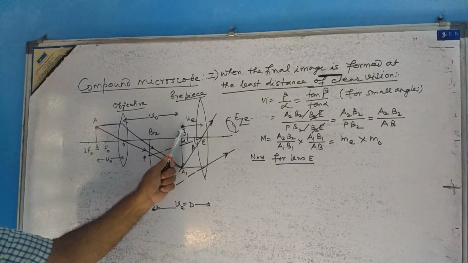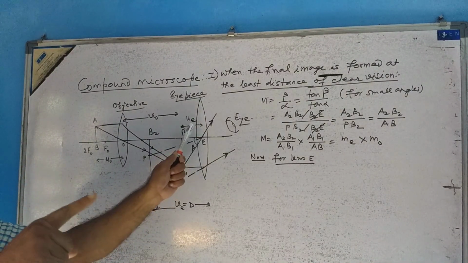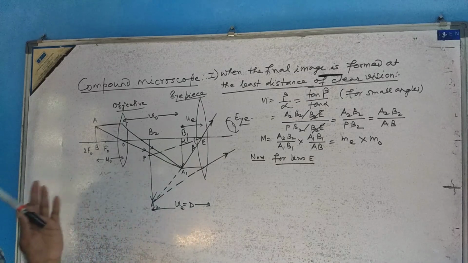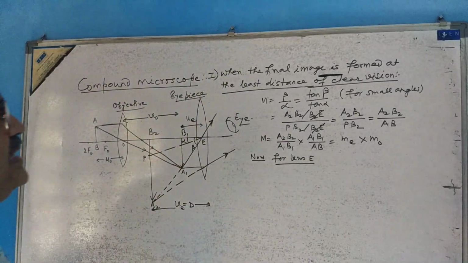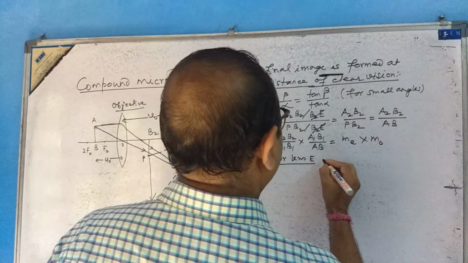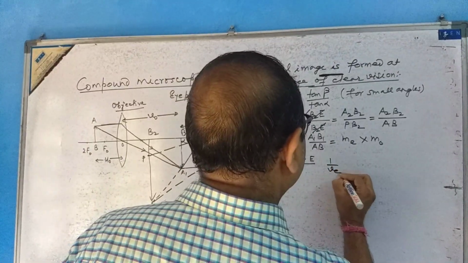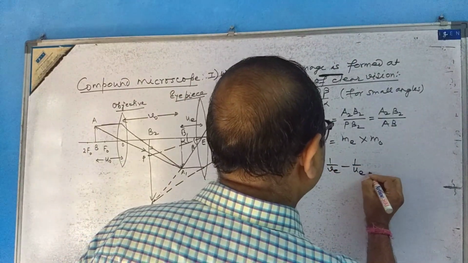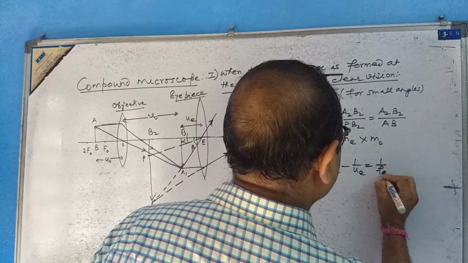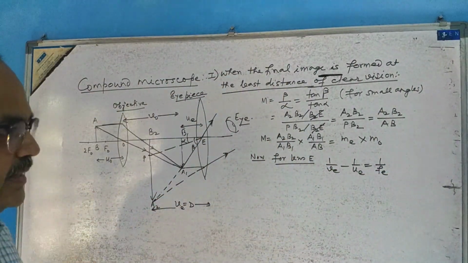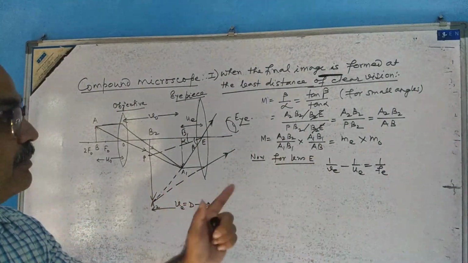This is UE, the object distance for the eyepiece, and VE the image distance for the eyepiece. For the lens E, first I find 1 by VE minus 1 by UE is equal to 1 by FE. Alright, this is the lens formula, but with sign.